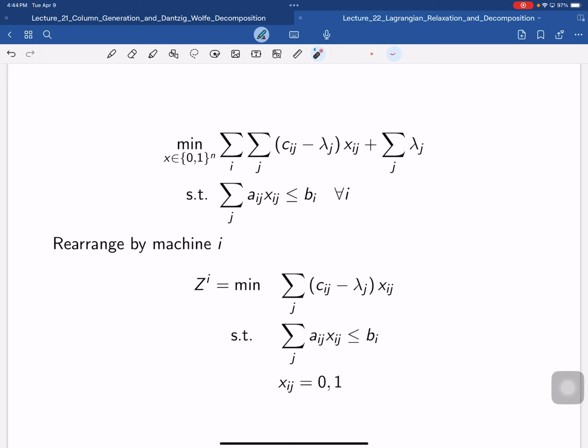So if you do the Lagrangian relaxation, each machine i involves a separate knapsack problem.